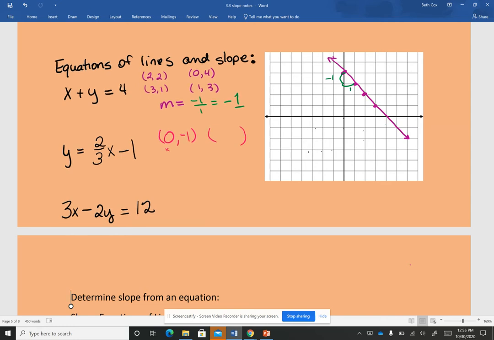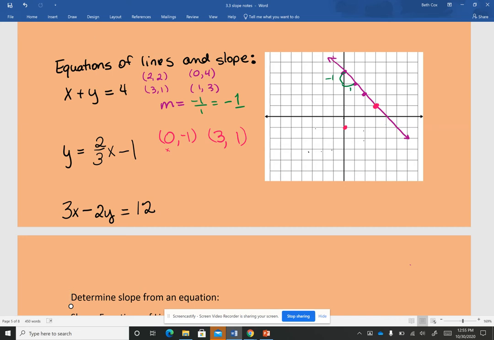And then I like to plug in the denominator. So if I plug in 3 for x, then I'm going to get +1 for y. I'm going to graph these 2 points. So (0, -1) is here, and then (3, 1) is here.